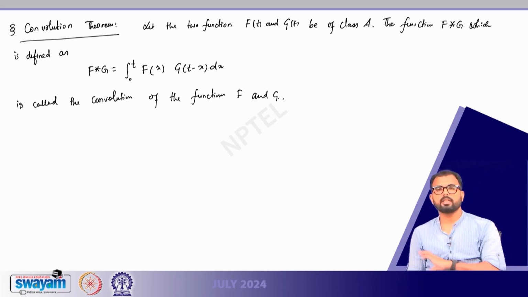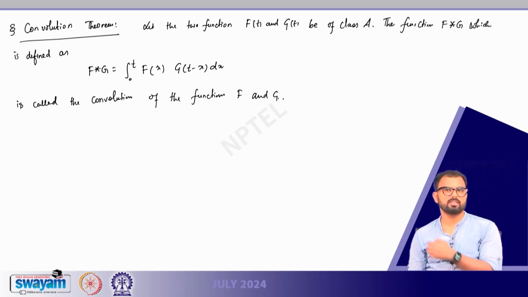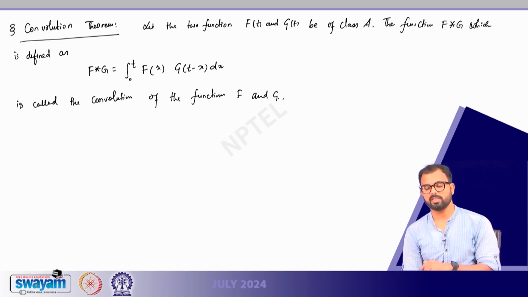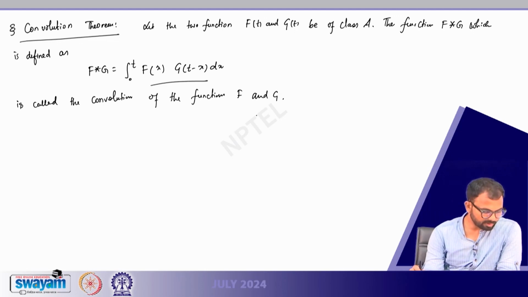So, we are saying that f(t) and g(t) are class A functions. So, basically it means that they are of exponential order, piecewise continuous and all those things. Then the convolution between f and g is denoted by star. So, f star g, and obviously it is a function of t. It equals the integral from 0 to t of f(x) times g(t minus x). This is how we define the convolution. So, it is called the convolution of the functions f and g, right.